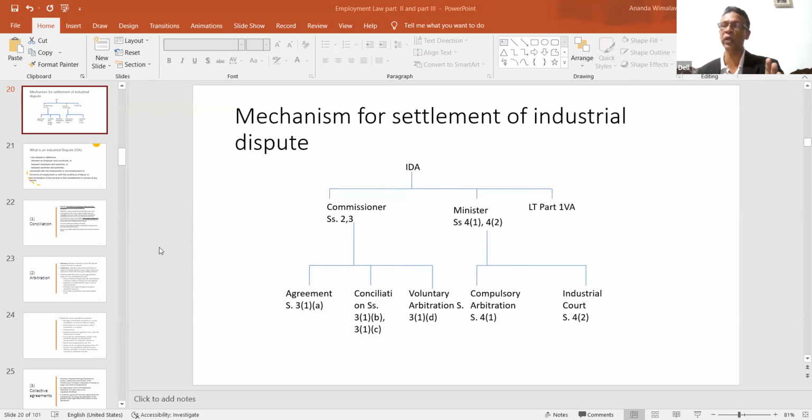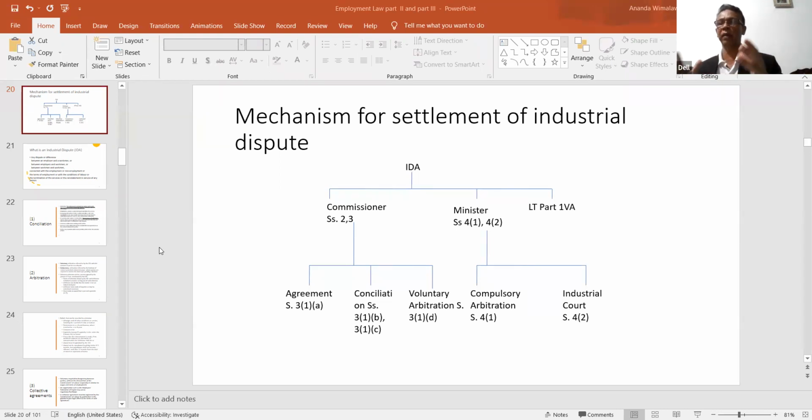So in such a situation, without ignoring the consent, whether the parties give consent or not, instead of referring that matter to a selected arbitrator, the minister and the labor department will select 3 or 5 people, at least 3, not more than 5, who have substantial knowledge in industrial relations.